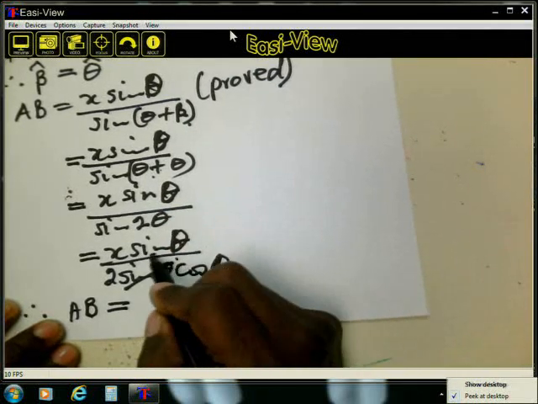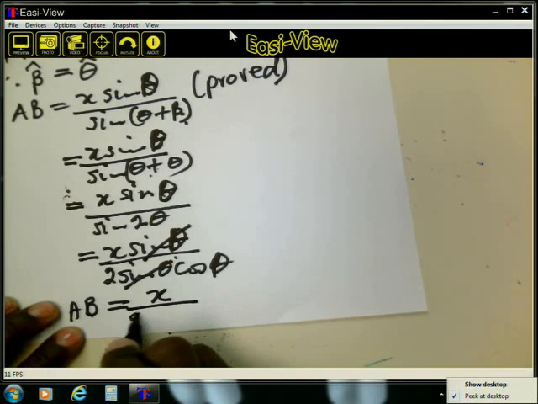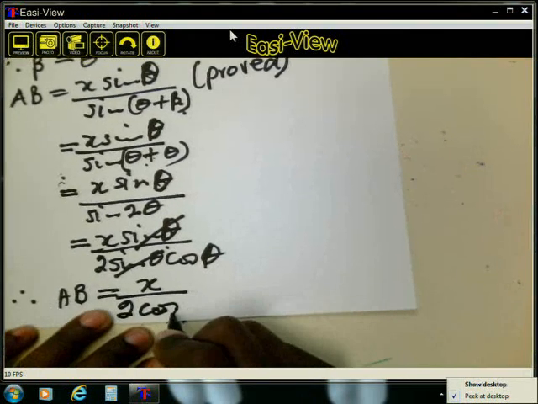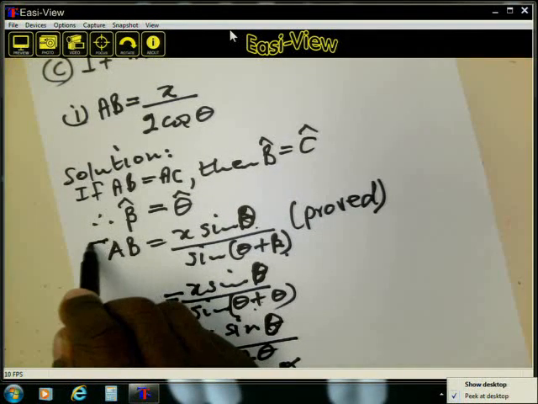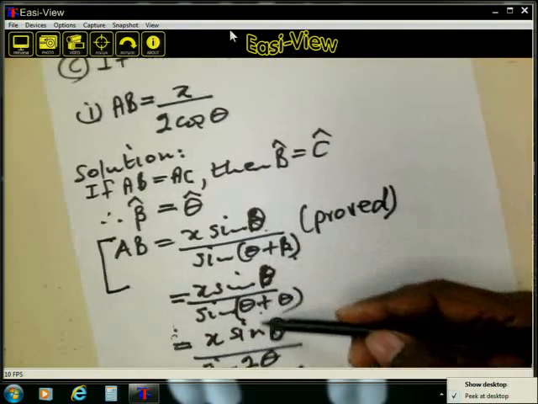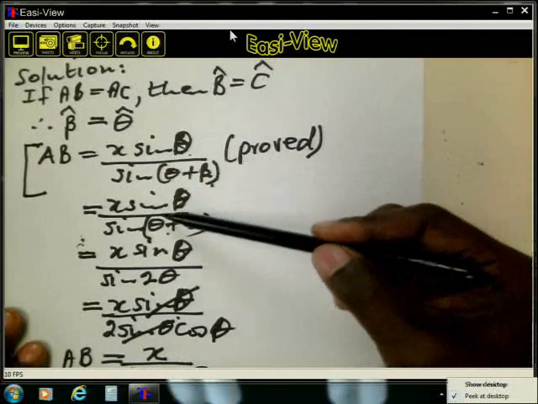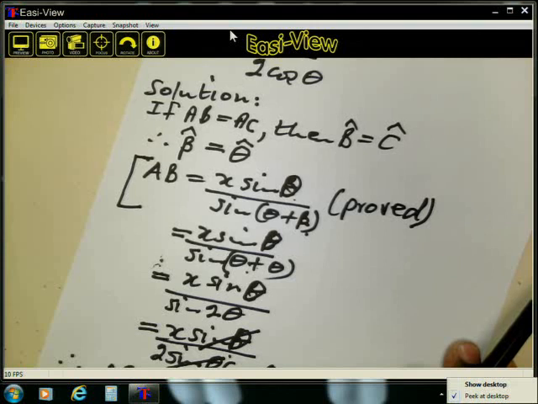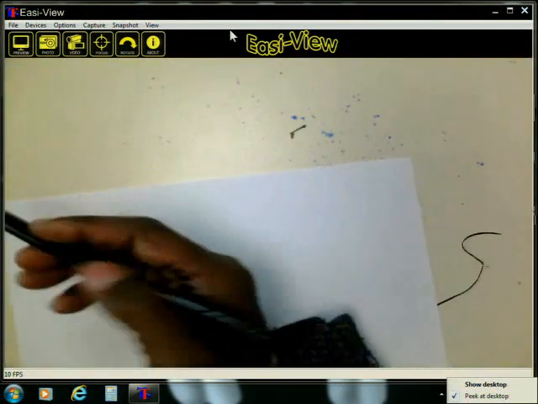So the sine theta cancels the sine theta, and you have x over 2 cos theta. Note that whatever you have proved, you can always use in subsequent calculations. This you proved, so you can use it in subsequent calculations. That was number 1 of question C.